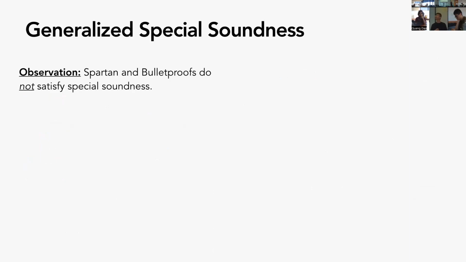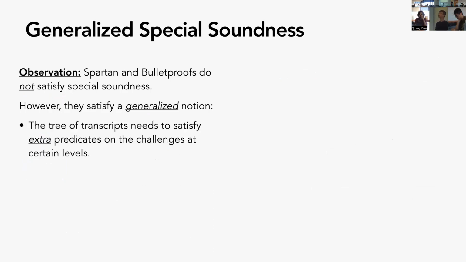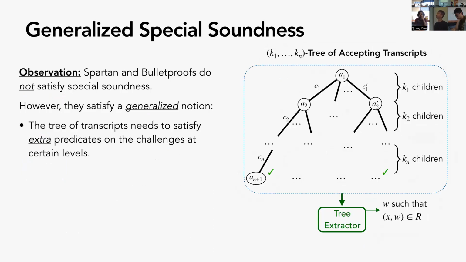It turns out that Spartan and Bulletproofs do not satisfy special soundness as I defined it. Instead, they satisfy some generalized notion. This notion differs in two ways. First, this tree of transcripts needs to satisfy some extra predicates on the set of challenges at each level or at certain levels.